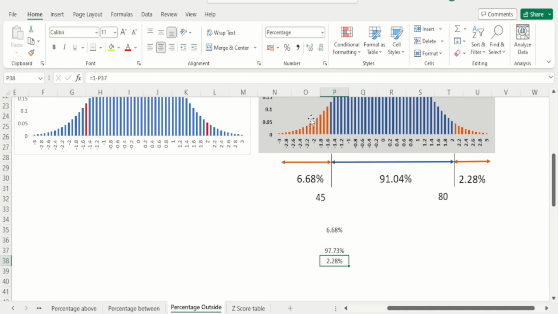So this small brown colored area is 6.68, and this smaller brown colored area on the right hand edge is 2.28. So if you add up these two, the 6.68% and the 2.28%, or roughly 8.96%, that's our answer. 8.96% of the data lies outside of these two data points of 45 and 80 marks respectively.